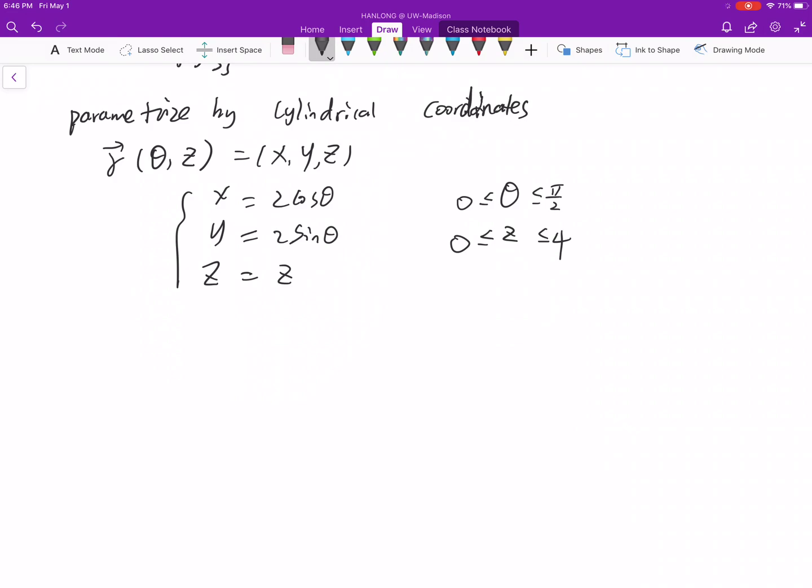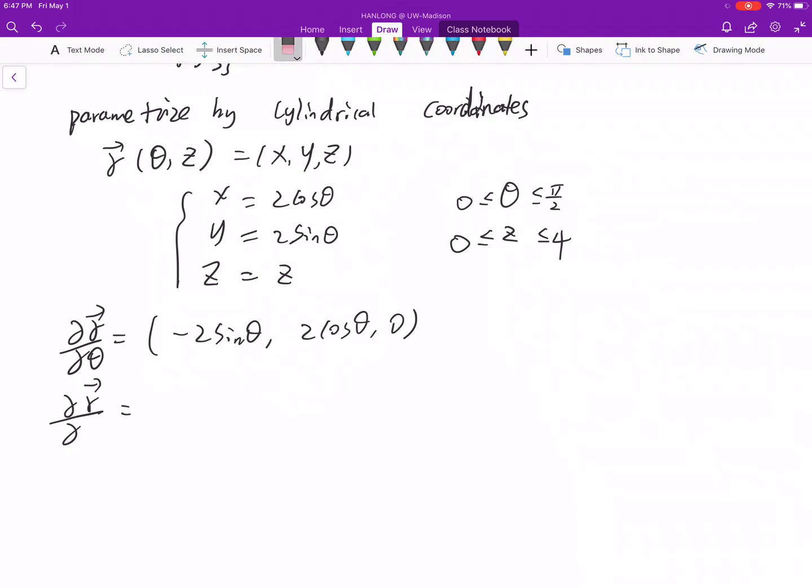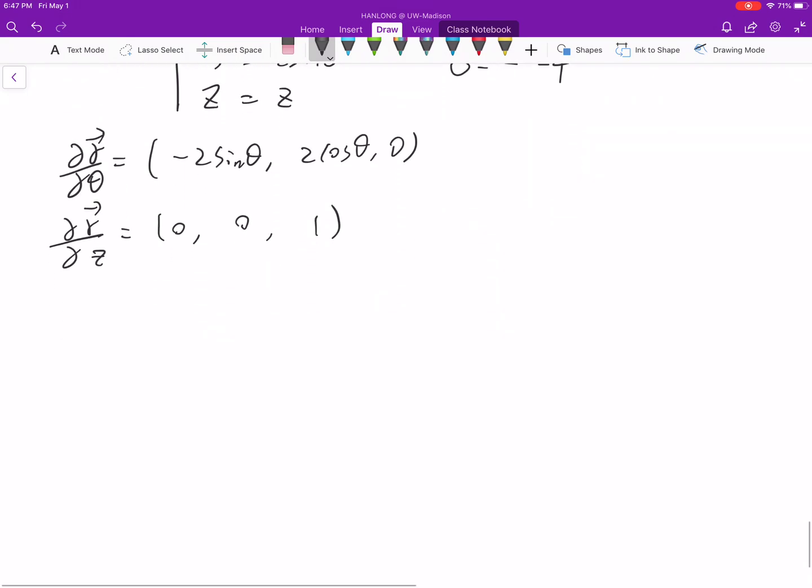Okay, next, let's compute the partial derivatives. Partial theta is negative 2 sine theta, 2 cosine theta, 0. Partial Z is just 0, 0, 1.